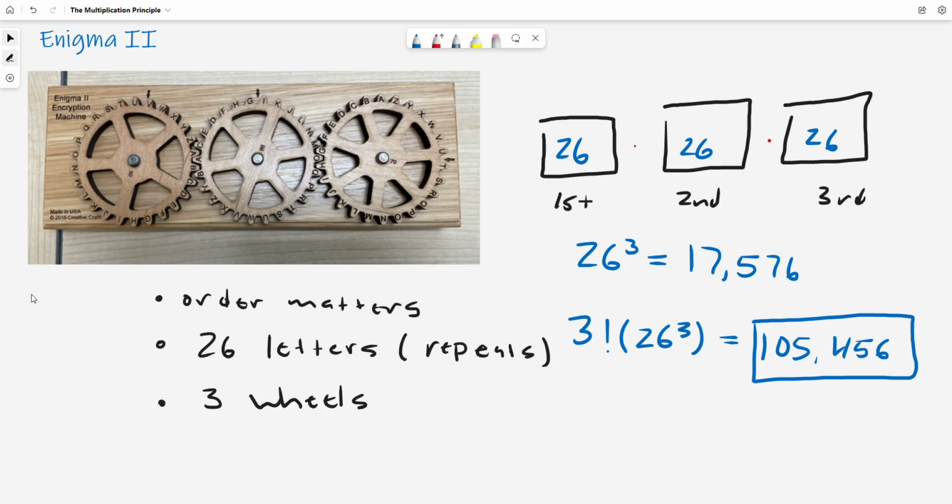If I choose a particular 3-letter key, then I can encrypt a specific message.